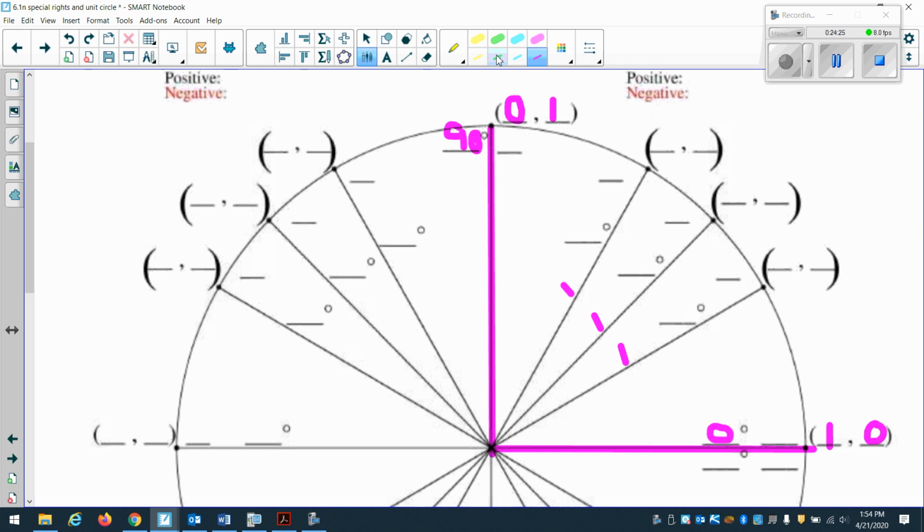Well, what are the other triangles that we filled out earlier? Well, we have 30, then we had 45, and then we have a 60.